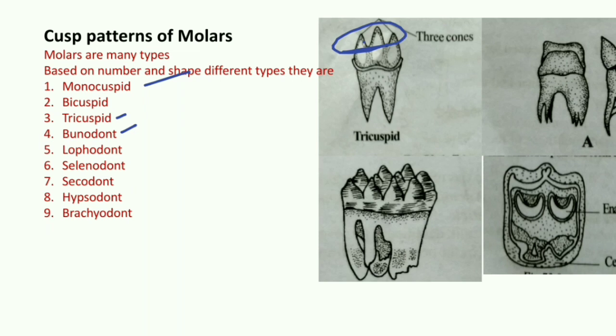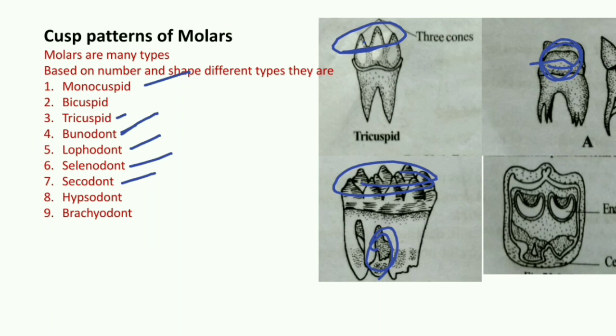Next, bunodont: the crown has a number of blunt cusps. Next, lophodont: the cusps are arranged in the form of ridges. Then selenodont: molars with cusps in the form of a crescent. Then secodont: the crown has cusps with sharp cutting edges.